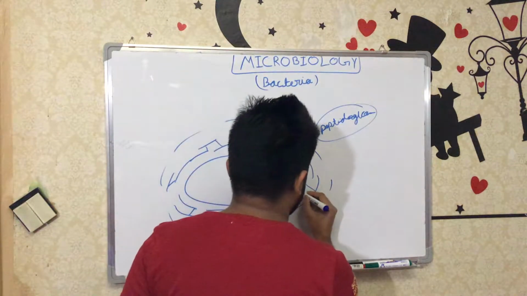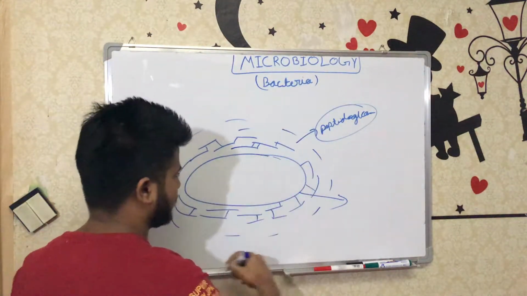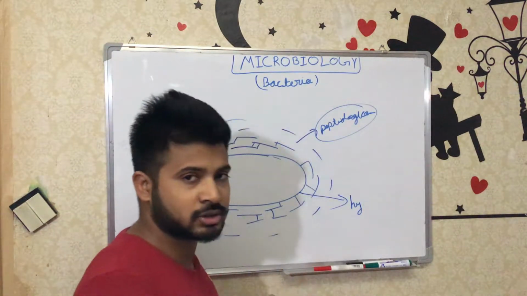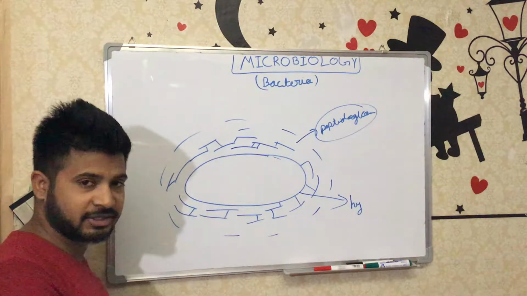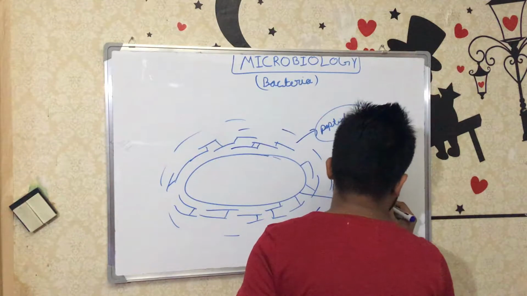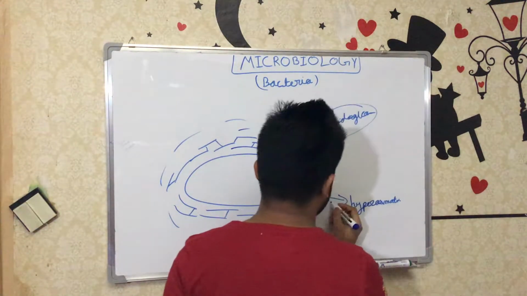The environment within the bacteria, the cytoplasm and plasma membrane, is hyperosmotic. If you talk about the physiology of the bacteria, it's hyperosmotic, or we can say hydrophilic.